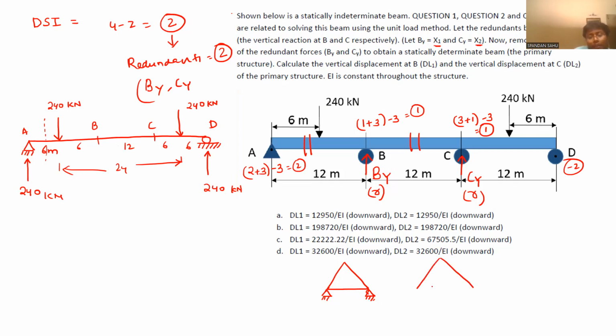So you are releasing this. There are two reactions. Let us release this CX. A, B, and C. I am releasing CX, so I am modifying this roller. Now this is your primary structure.